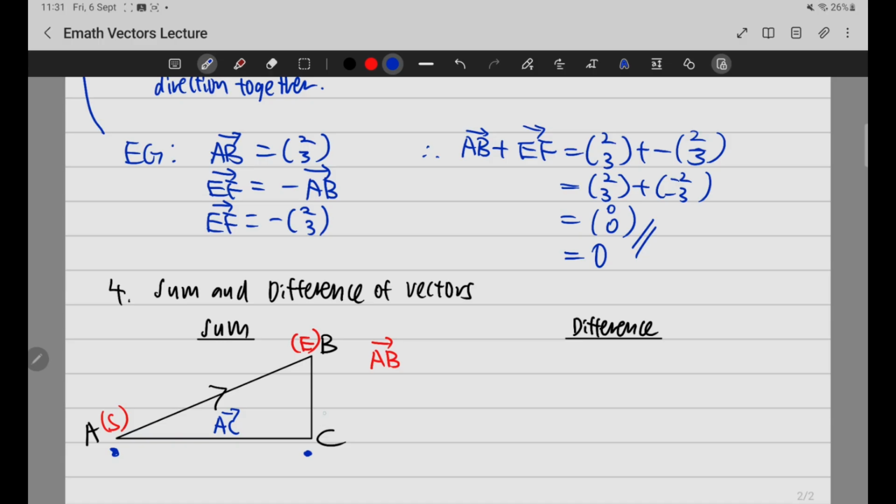And then once I reach C, I walk from C to B. Instead of walking from A to B directly, I can walk from A to C, then C to B. Even if I take the first route or the second route, in the big picture I am still going from A to B. It's just that when I walk from A to C and then C to B, I'm taking a longer route. But fundamentally, it doesn't change my start point and my end point. My start point is still A, my end point is still B.